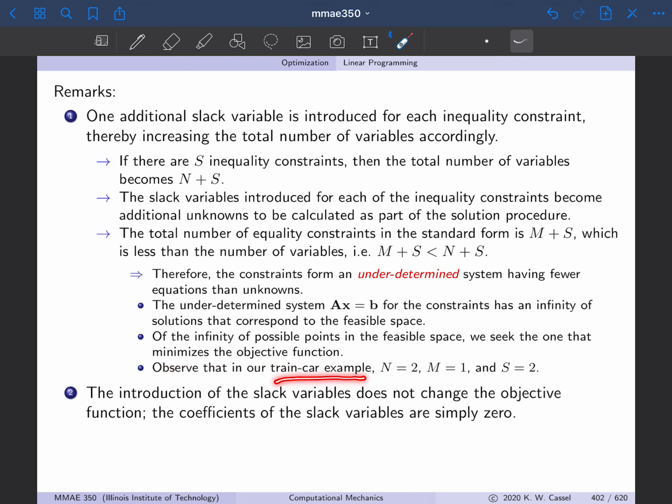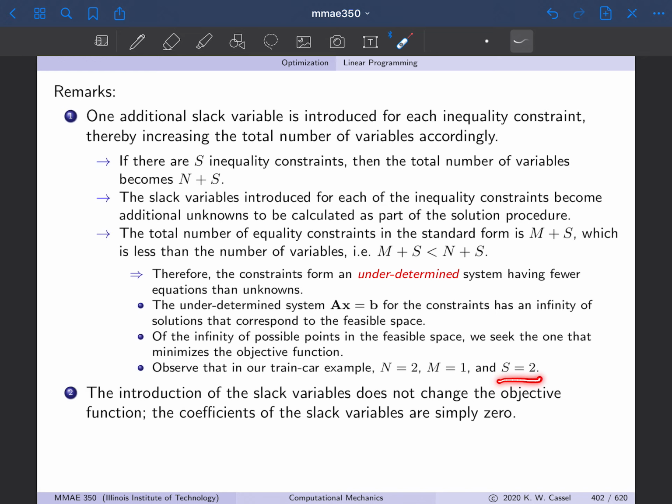So if you look back at our train car example that we had in the last video, we started with n equal to 2, so that was the number of design variables. That was the number of cars on the first train and the number of cars on the second train. Then m was the number of equality constraints, which was that the sum of the number of cars on each train had to add up to 100.